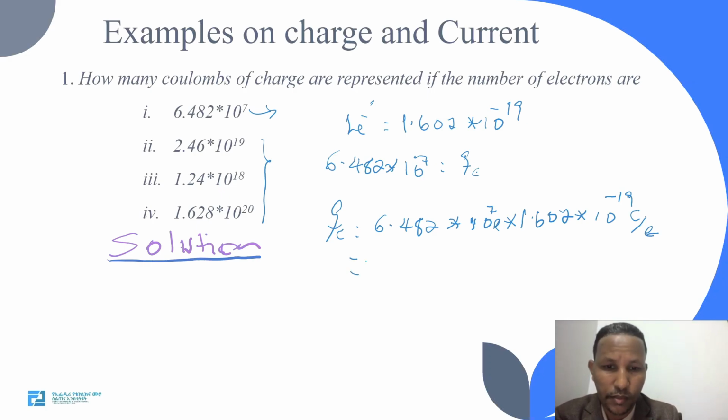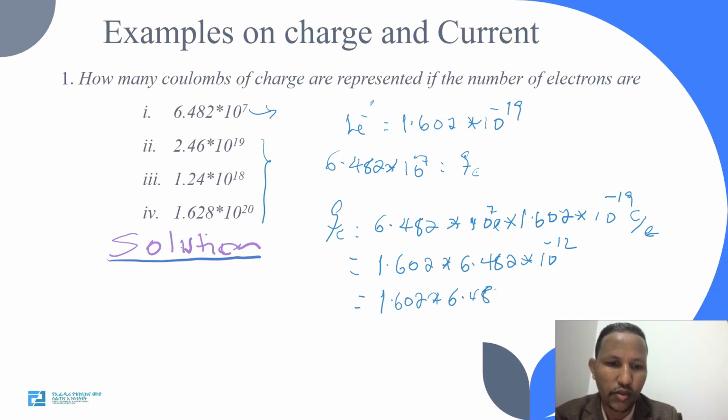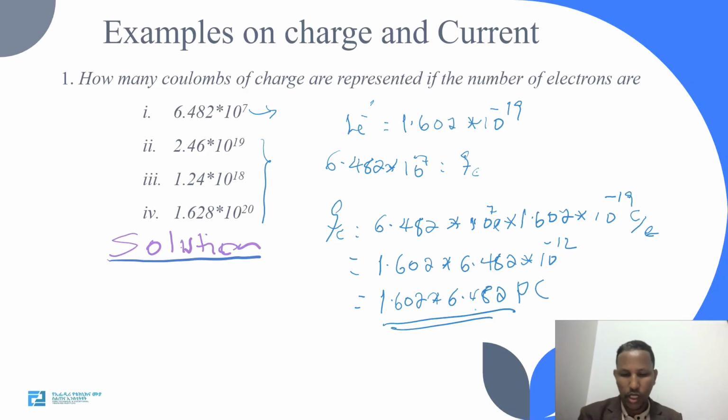So you will have 1.602 times 6.482 times 10 raised to 7 times minus 19, which is minus 12. Okay, so 10 raised to minus 12, which is pico. So picocoulomb. So we can have this amount of value.